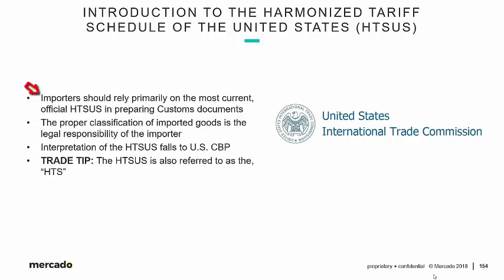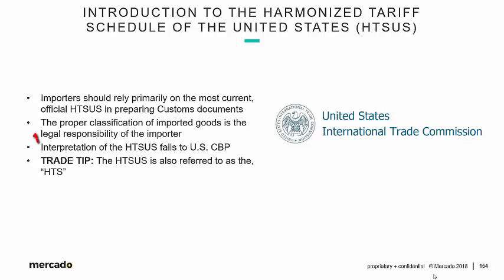Importers should rely primarily on the most current official HTS US in preparing customs documents, in preparing entries, basically. And that most recent version is always going to be found online. Second bullet, and this is consistent with reasonable care, informed compliance, etc., the proper classification of imported goods is the legal responsibility of the importer, not the customs broker.